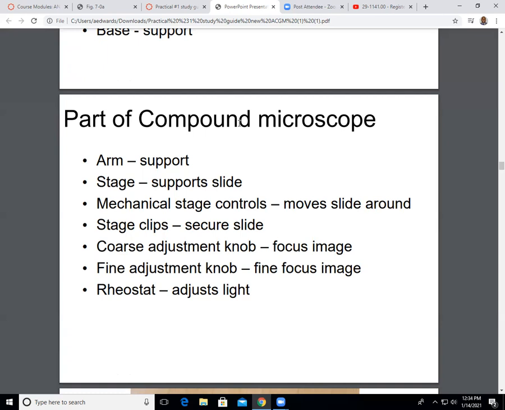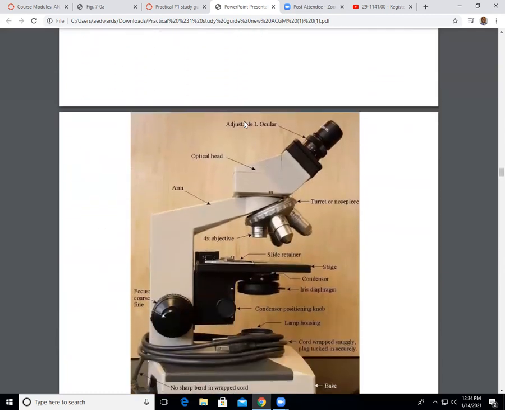You can see that just from moving it. The coarse moves a lot when you turn it. If you turn it once all the way around, it moves a lot. Fine doesn't move that much. It's for a real specific movement, trying to really get it in focus. You also have a rheostat, which also helps to adjust your light.